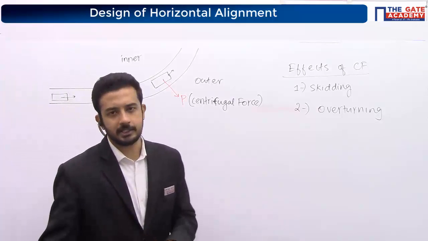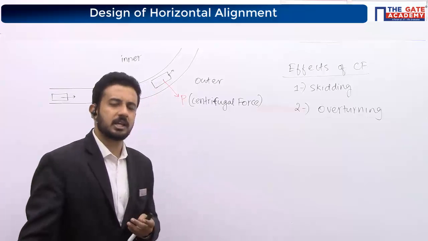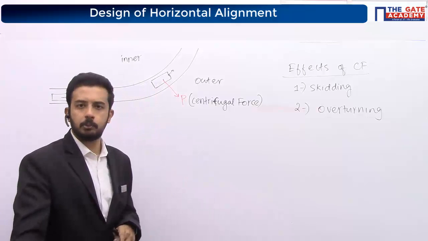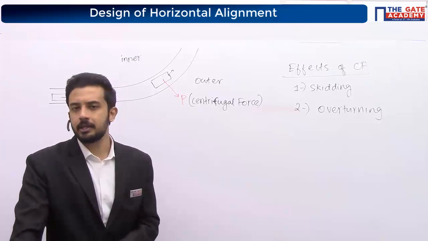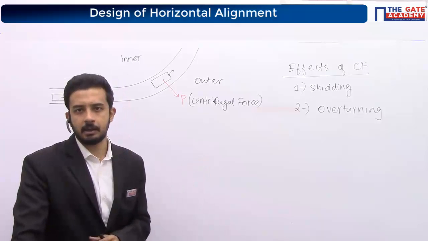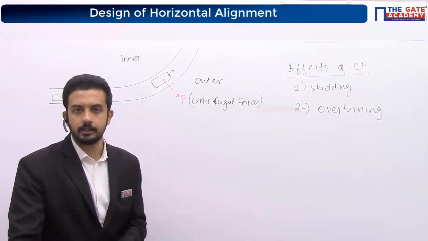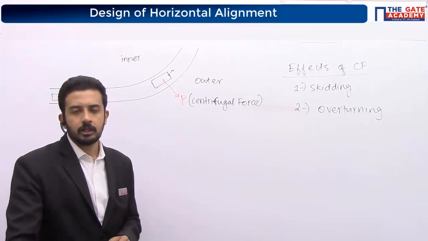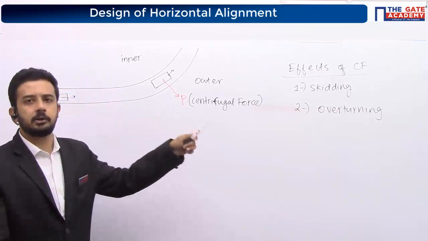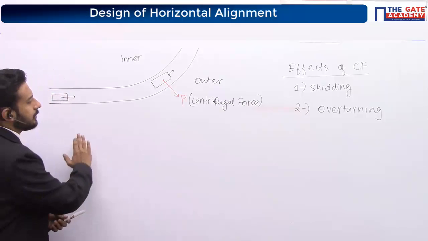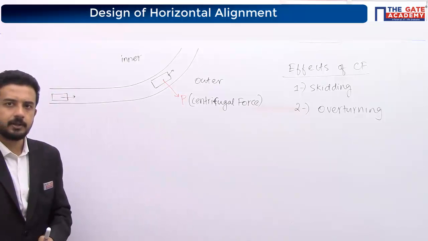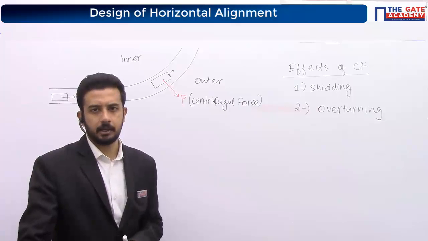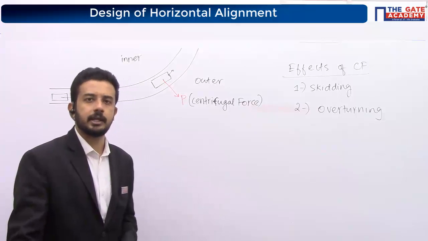Definitely if you are moving at very slow speed, then no problem may happen. But if you are moving at high speed, then some problems happen. Either your vehicle may overturn or your vehicle may skid. So you can just parallelly note down these points. Now we are going to check when that skidding may happen and when the overturning may happen. That may be a 1 mark question for the GATE exam.